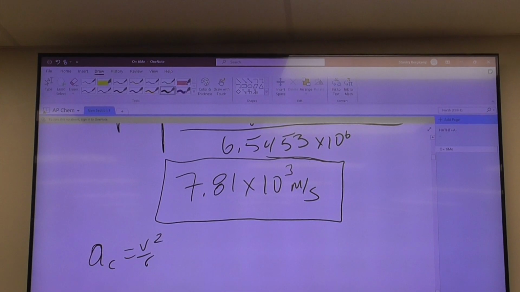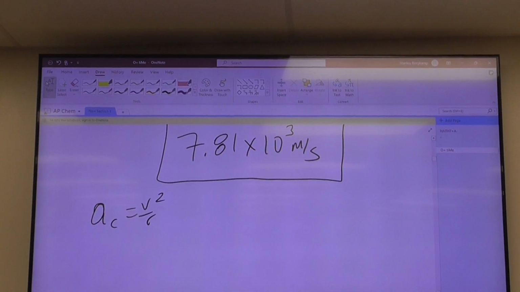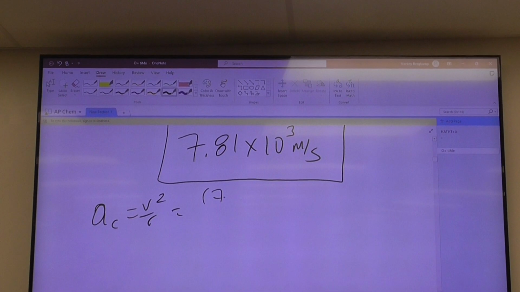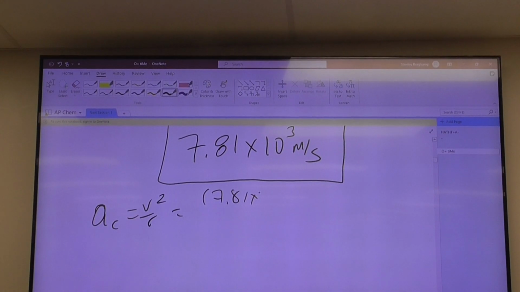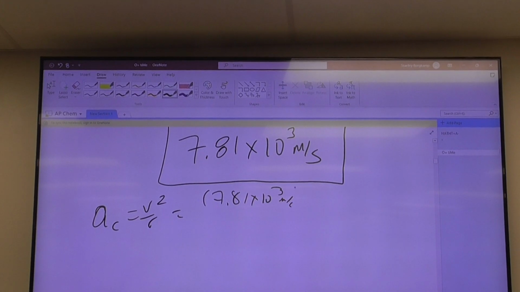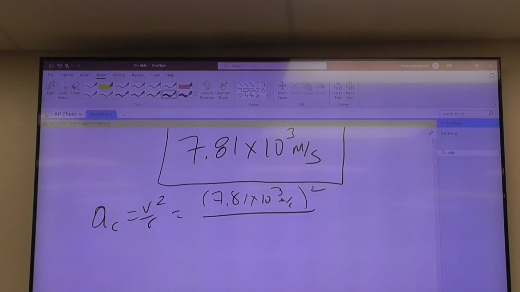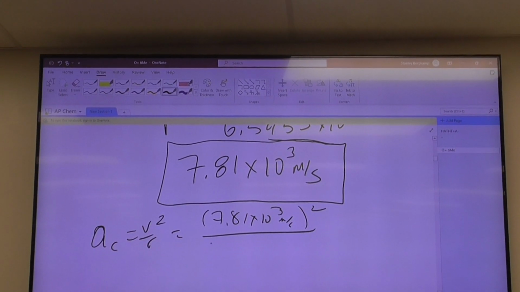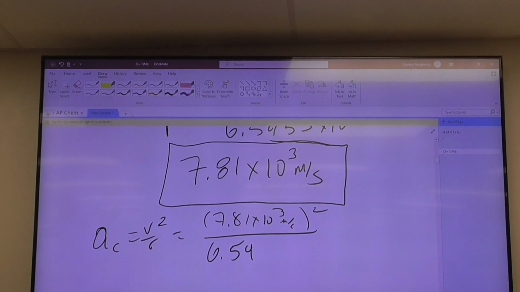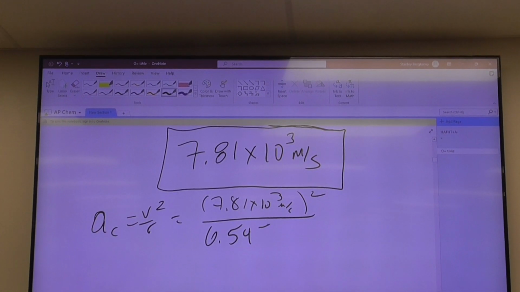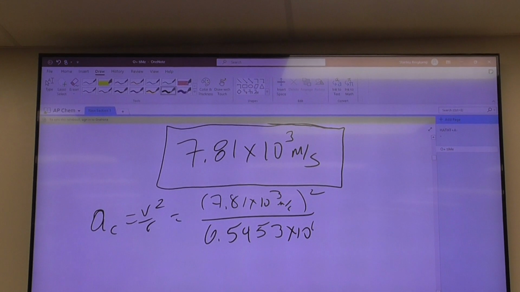So let's do that. Somebody take that answer, 7.81 times 10 to the third meters per second, and that's going to get squared. And then I'm going to divide that by the 6.5453 times 10 to the sixth meters.